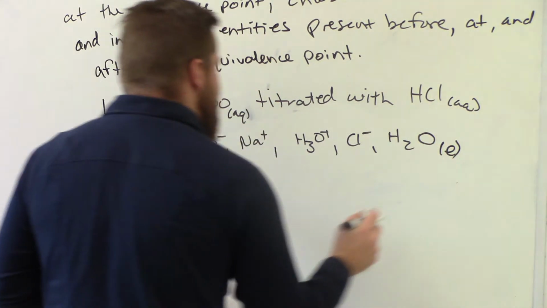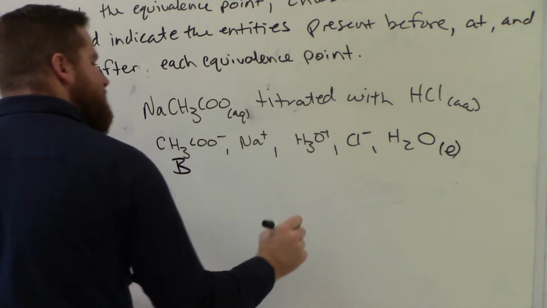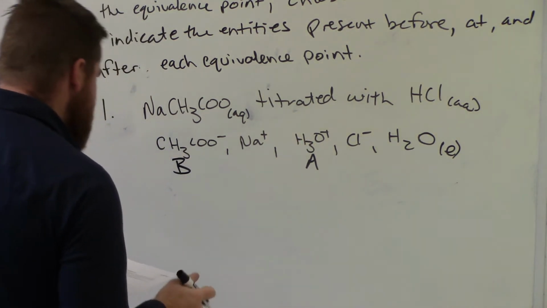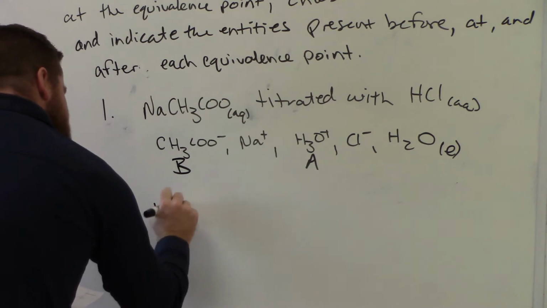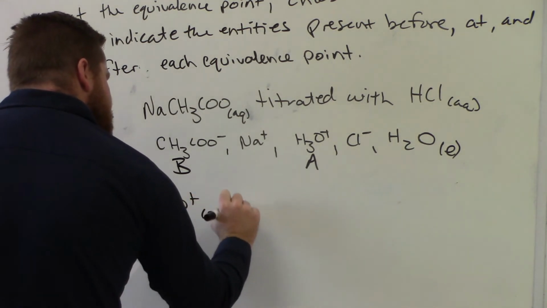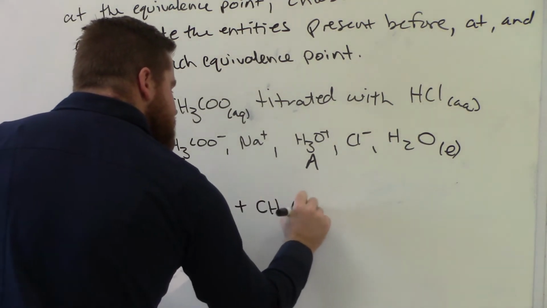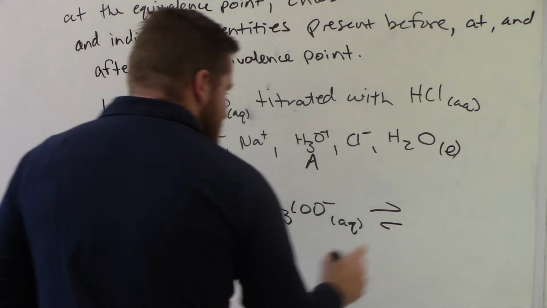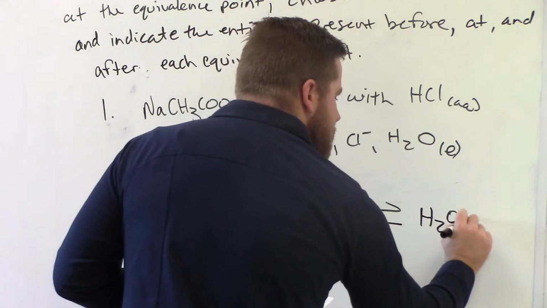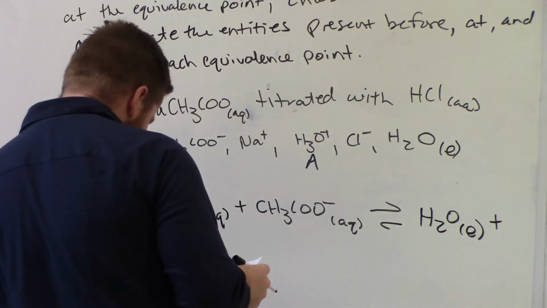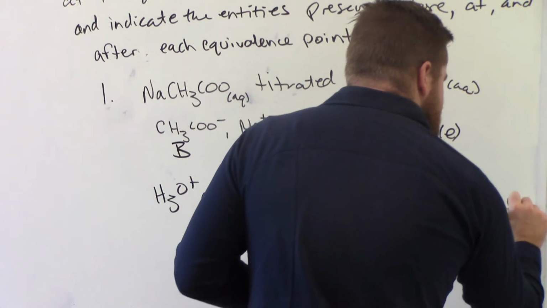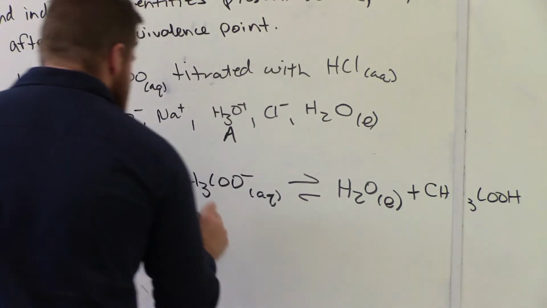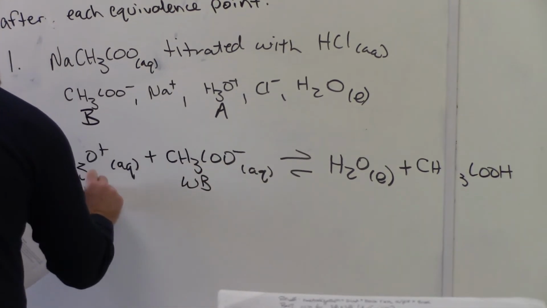Now that's going to be my base, and this is going to be my acid. So when I make this equation, we have H3O plus and CH3COO negative, and that makes H2O plus CH3COOH. So that's a weak base and a strong acid.